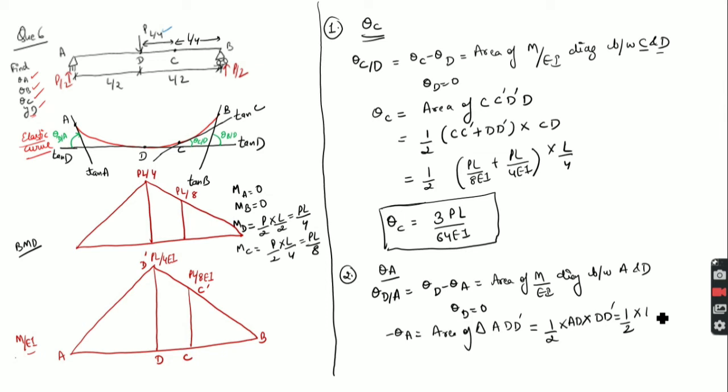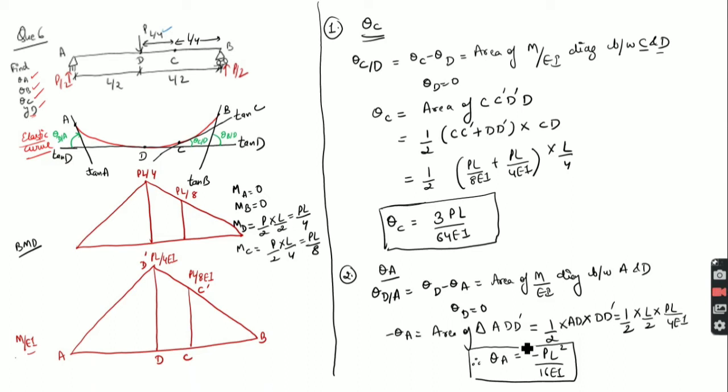So therefore theta A will be minus PL square upon 16 EI, right? And the minus sign indicates that at A the slope is descending, right? So this is the meaning of this negative sign.